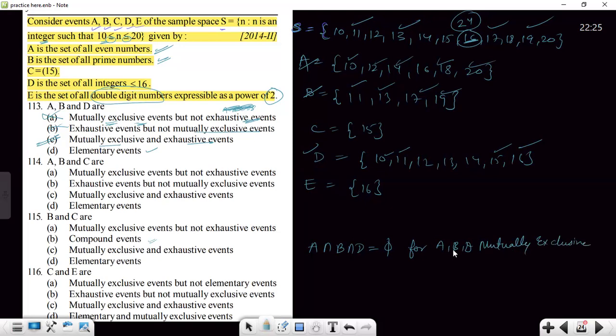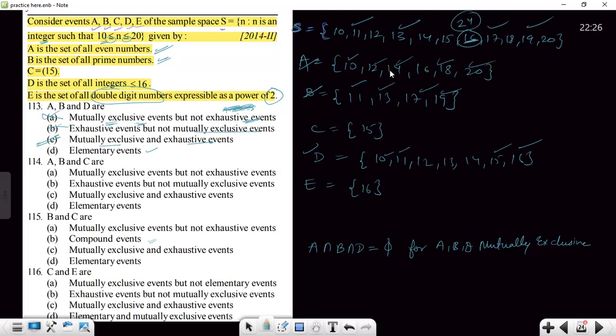Now, what are those elements which are common in all ABD? Is 10 common in all? No, 10 is not there in B. Is 12 common in all? No, 12 is not there in B. Is 14 common in all? No, 14 is not. So let's just look at the smallest set. Is 11 common? No, 11 is not there in the first set. 13?